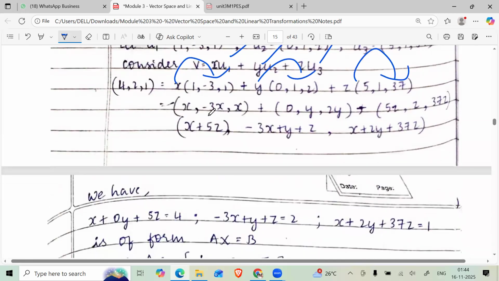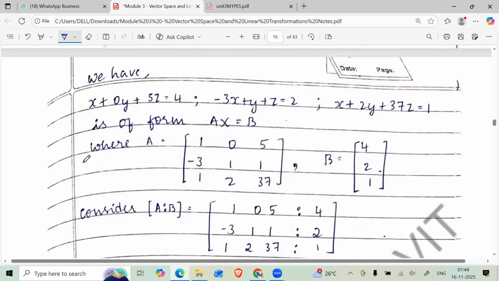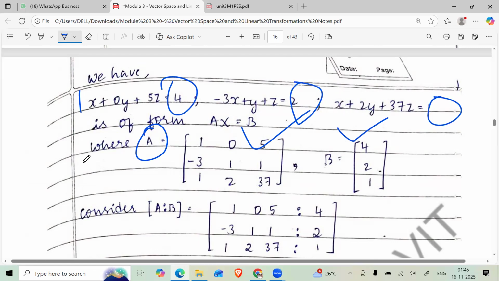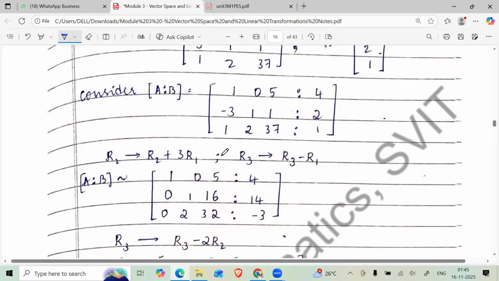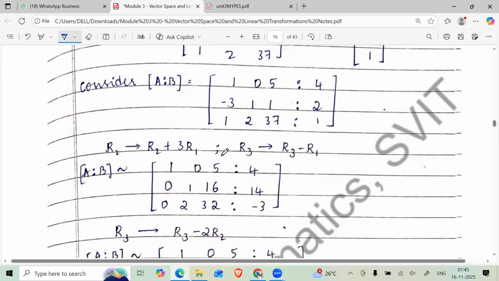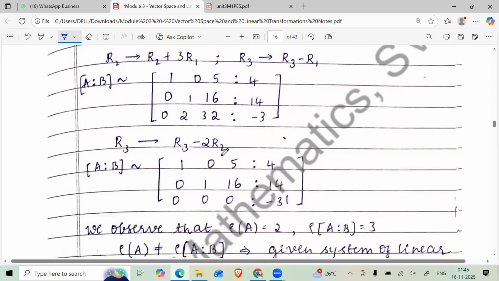So I'm getting these three terms, right? Then I'll write this as the A matrix. This is 1, 0, 5. And what is my B? This term, 4, 2, and 1. Then I'll do the row-column transformation or elementary operations. The rank, what we do, right? That we will do. We'll make a triangle here.